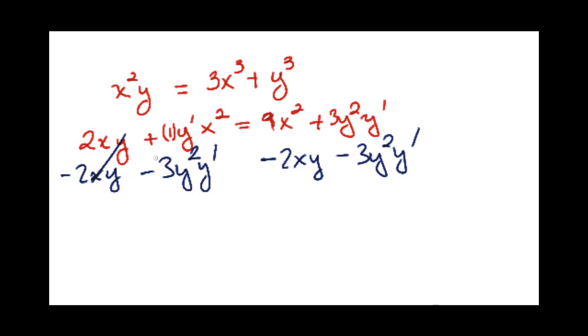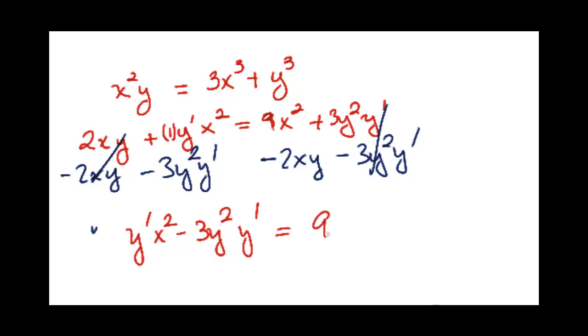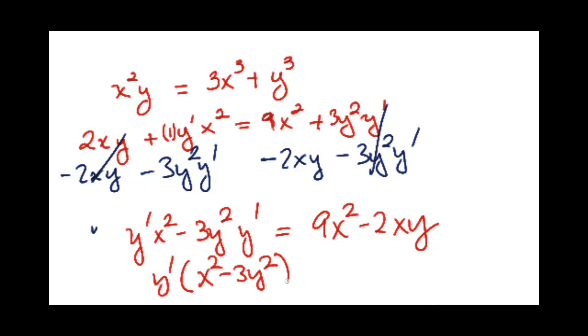So that cancels, and that cancels, and we're left with y prime x squared minus 3y squared y prime equals 9x squared minus 2xy. Factor out the y prime, you get x squared minus 3y squared.